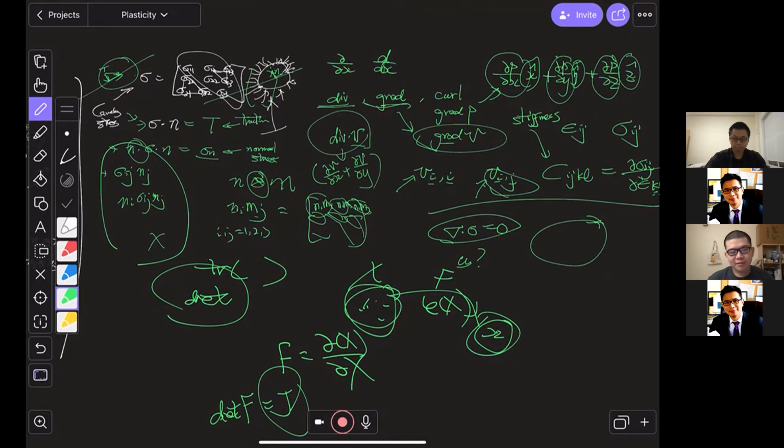How many do you want? I guess 2. One with Ryan and one about plasticity shear band. I think the paper with Ryan would not be that difficult, and the one with the machine learning would be more challenging, right? Right.